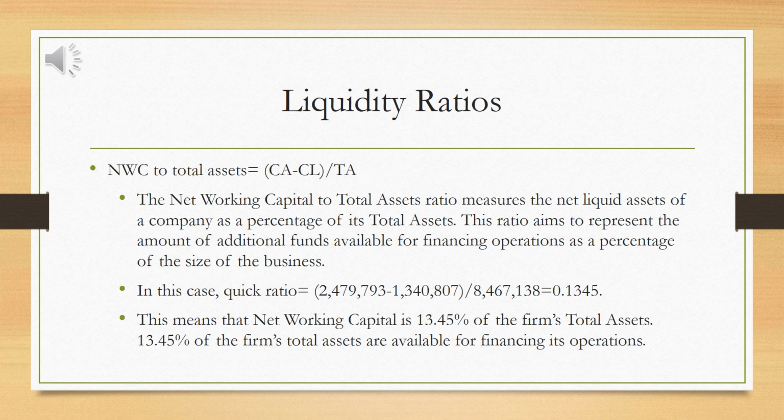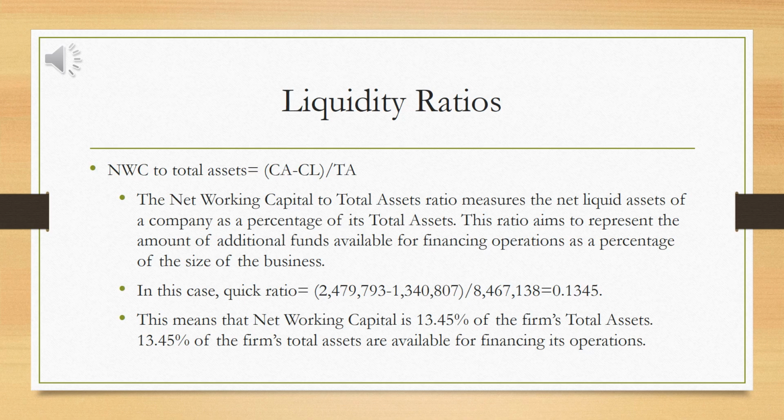In this case, net working capital to total assets equals 2,479,793 minus 1,340,807 over 8,467,138. Thus, it equals 0.1345. This means that net working capital is 13.45% of the firm's total assets.